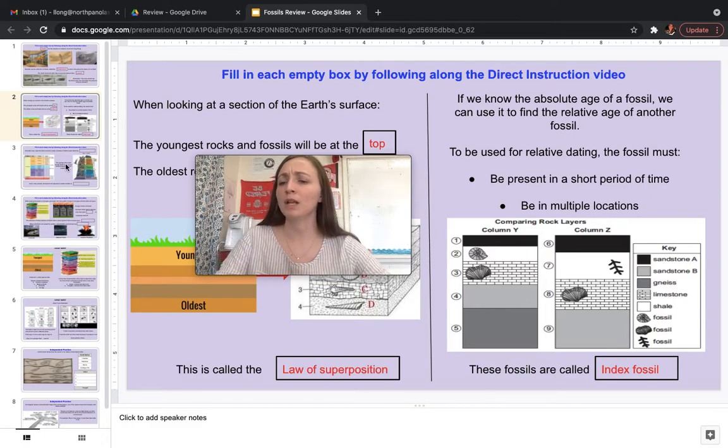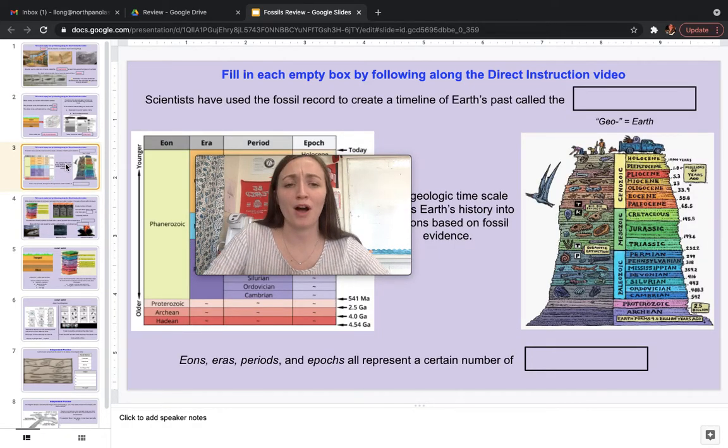Okay, moving on. We also talked a long time ago about how the fossil record can help us create a timeline of the earth. So I talked about how we can study everything that is inside the fossil record to learn more about Earth's past. So that is what we're talking about here.